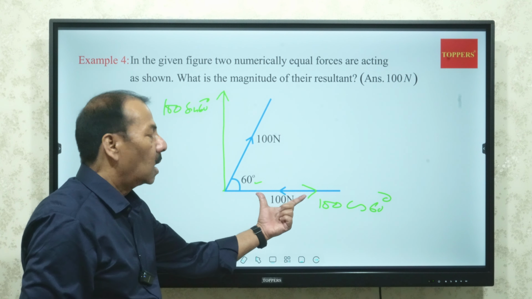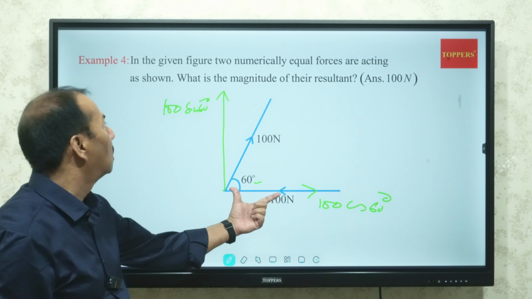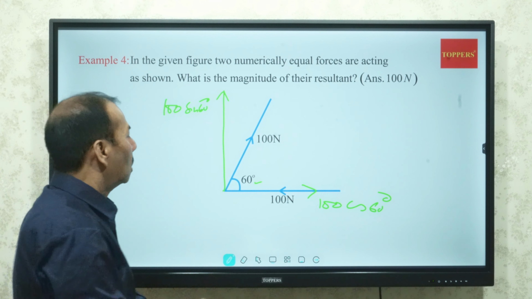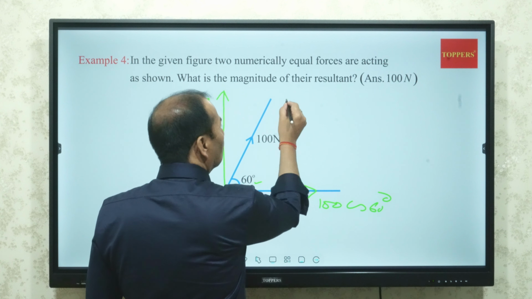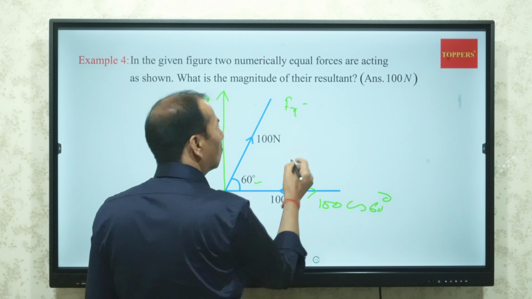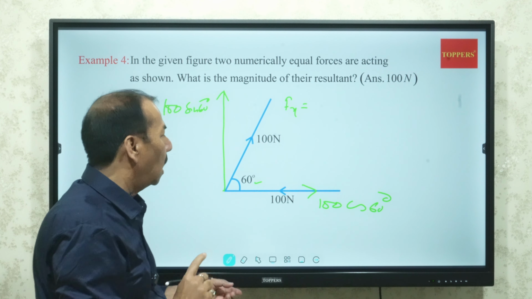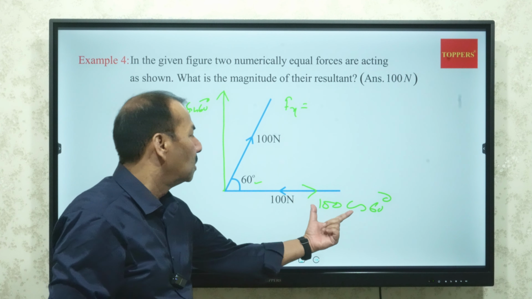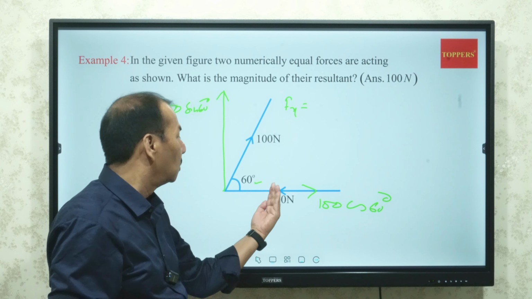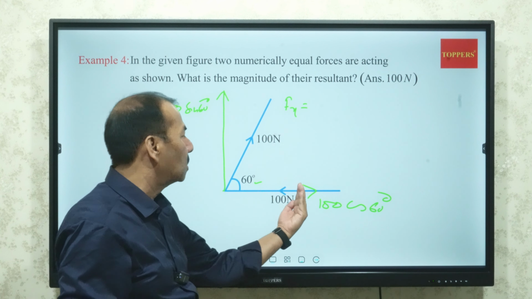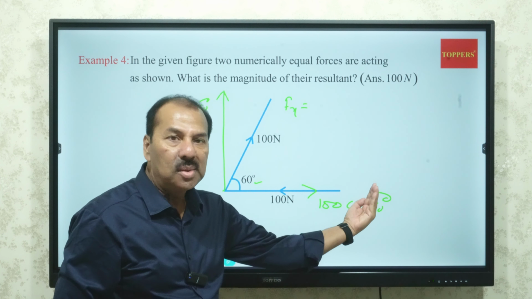Now along the x-axis, if we calculate the resultant of the components of these two forces along x, suppose it is Fx, then Fx will be how much? This is a rightward force and this is leftward. This is acting towards the negative of the x-axis and this is acting towards the positive of the x-axis.